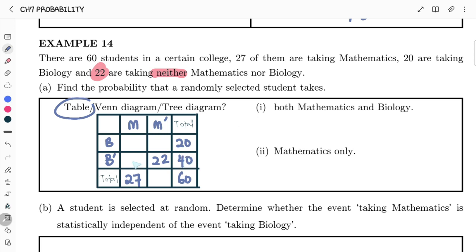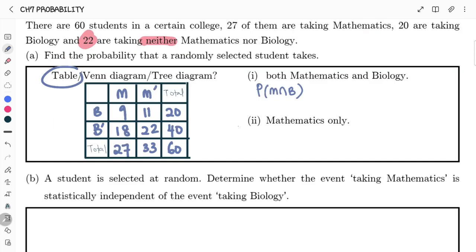40, this one is 18, and then 27 minus 18 is 9, and then this one will be 11. Total this will get 33. So for this one, taking both math and biology, you have 9 here out of 60.